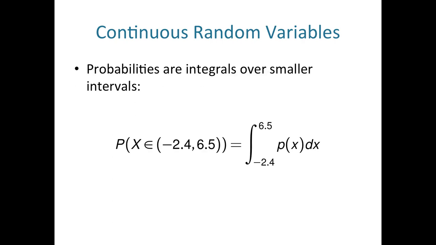Obviously, when we talk about probabilities, it's going to be an integral over a smaller interval. So the probability that a continuous random variable has a value between, say, minus 2.4 and 6.5 can be computed as the integral of the density function between those two values, which is the area below the curve between those two values.